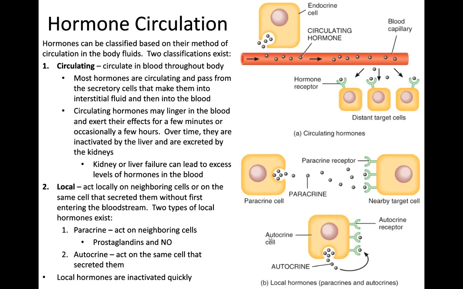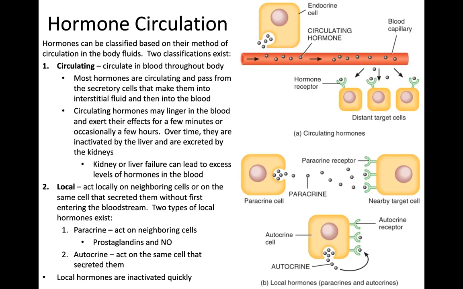Autocrine, if you remember, we've seen this prefix auto before. Auto means self. So autocrine hormones actually act on the same cell that produces them. The hormone is released and then it binds to receptors on that same cell, and then the response occurs internally within that same cell. So it seems kind of weird, but that's what happens.